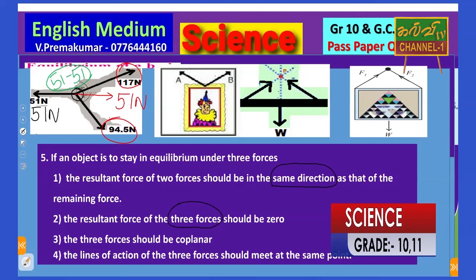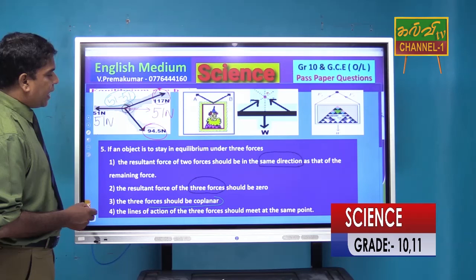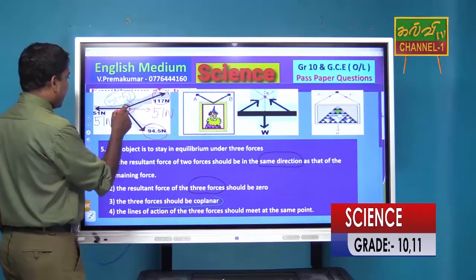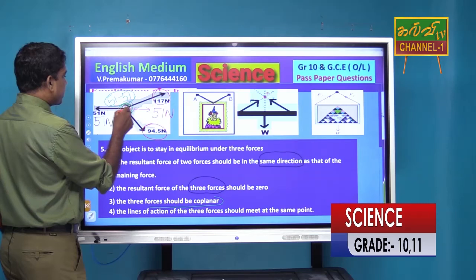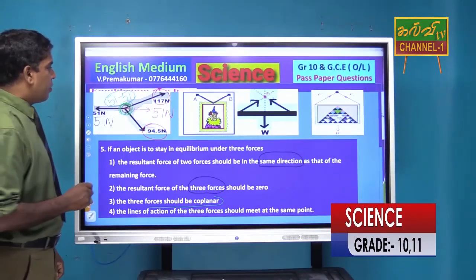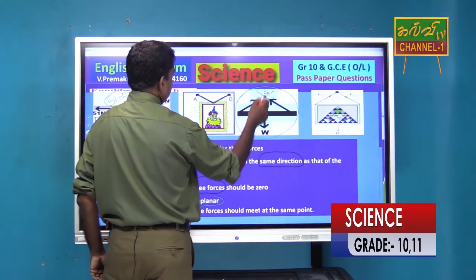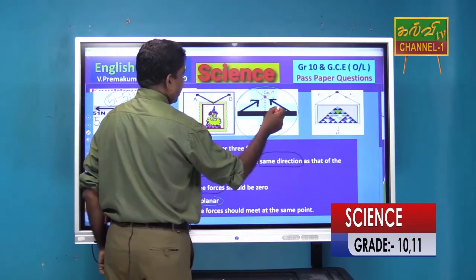The three forces should be coplanar, right? Not always coplanar. The lines of action of the three forces should meet at the same point. Here the first diagram meets at the same point. But in the third diagram it is shown in a different area.